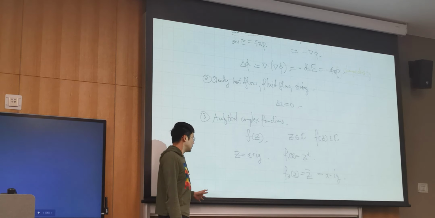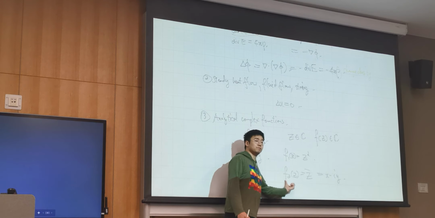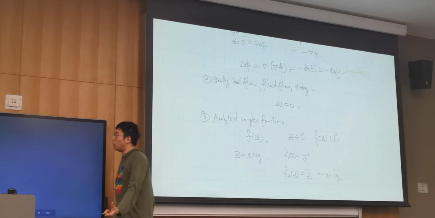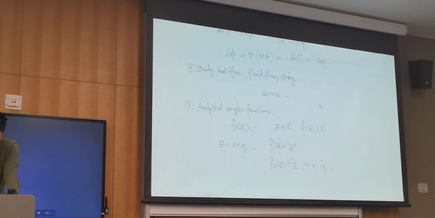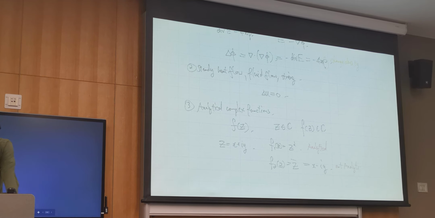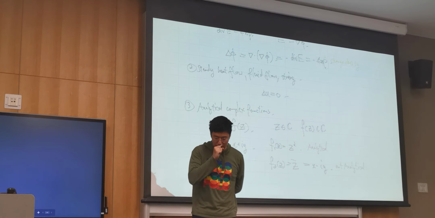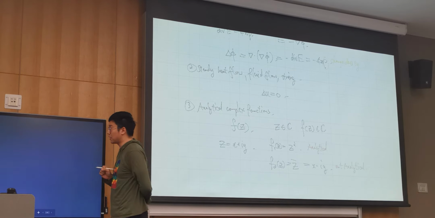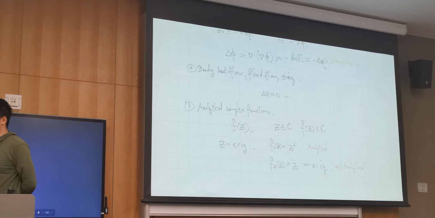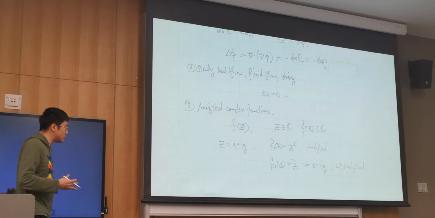What I would like to stress is that in complex variable theory, there is a fundamental difference between f1 and f2: f1 is an analytical complex function, and f2 is not analytical. Why do I say that? The precise definition of an analytical complex function requires some time to elaborate.